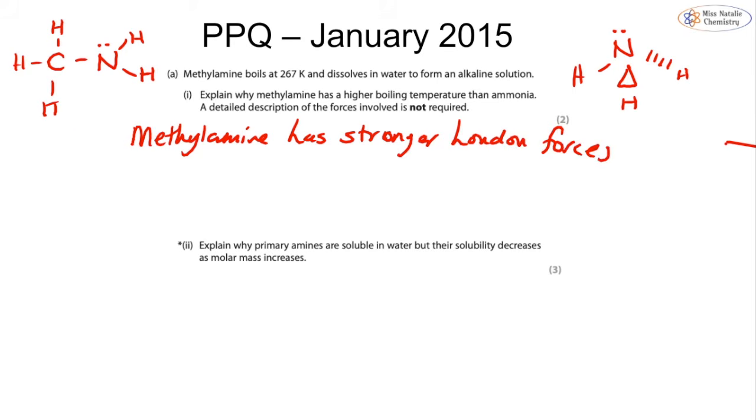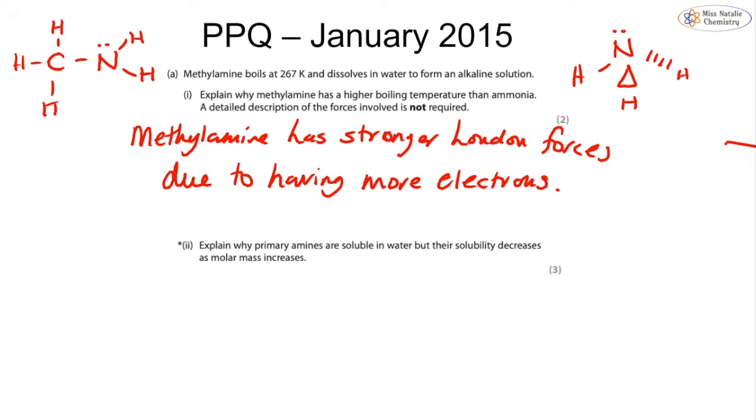The reason for this is very simple, and it is due to the fact that methylamine has more electrons. Of course we don't need to go into the full detailed description of the forces, but we know that the more electrons they have, the more chance you have for an instantaneous dipole. That then allows for induced dipoles and so on. But we don't need to go into too much detail. It is only worth 2 marks. So you get the first mark for saying that methylamine has stronger London forces, and the reason why is because it has more electrons.